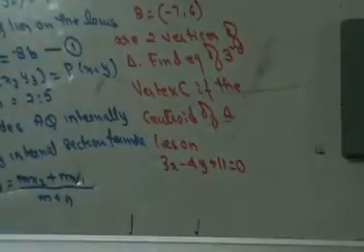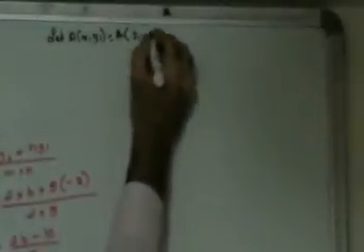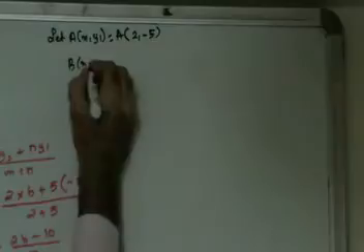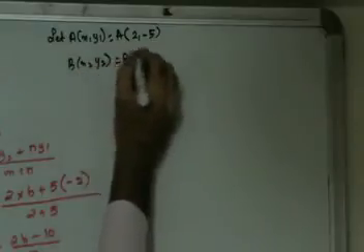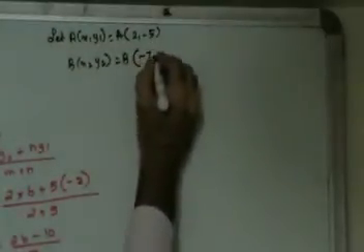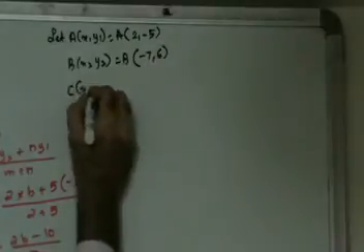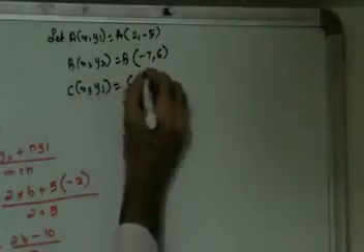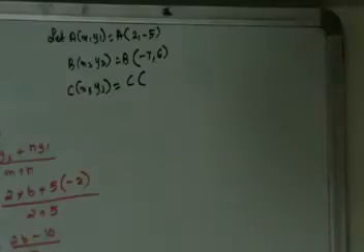Okay, let's see this. I can say that let A (x1, y1) be equal to A (2, minus 5), B (x2, y2) be equal to B (minus 7, 6), C (x3, y3) be equal to C. Now they have said that you have to find the third vertex.